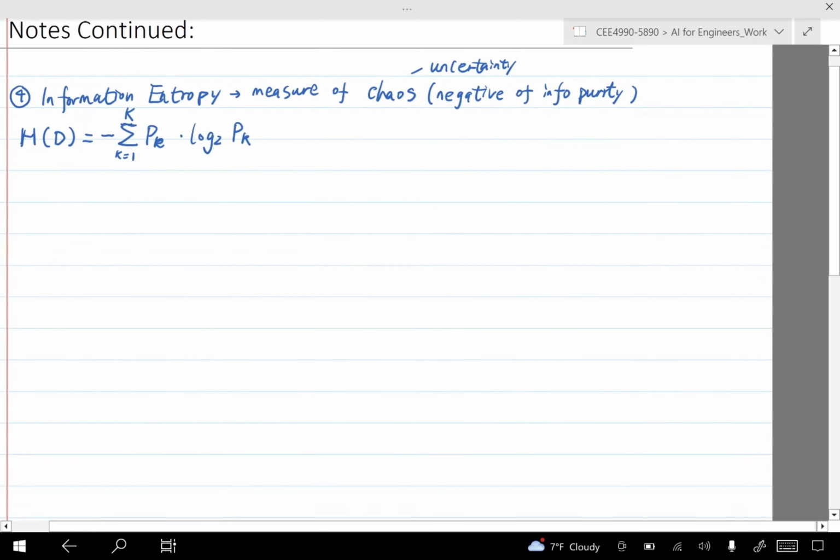Next, let me explain the meaning of this p_k here. Let's take a look at a very simple example. Let's say we have one node here, and we have a data set coming from the top, and we need to split it at this node. If we make a very general example, let's say that we will split data into capital V subsets. Then we will generate capital V nodes on the next level.